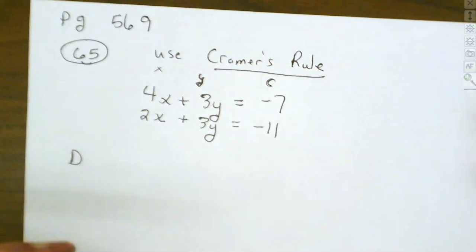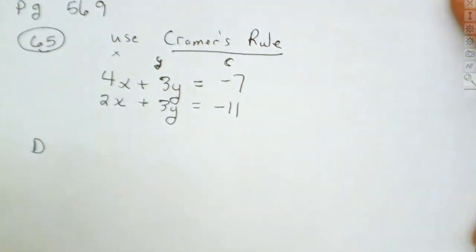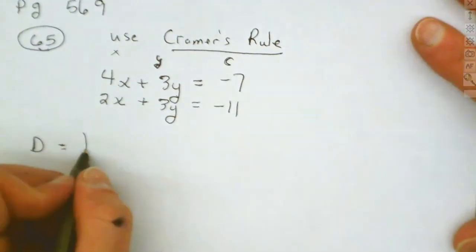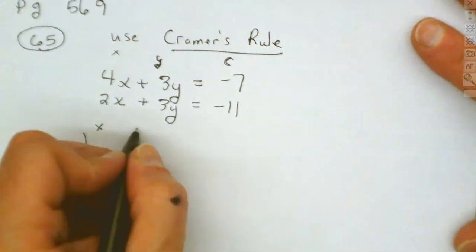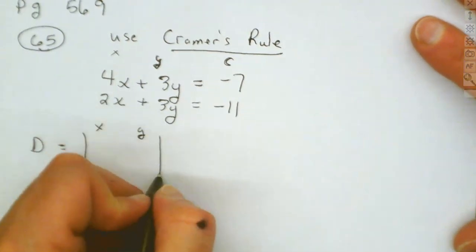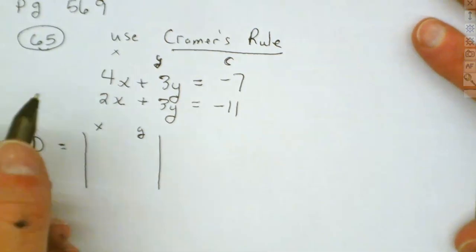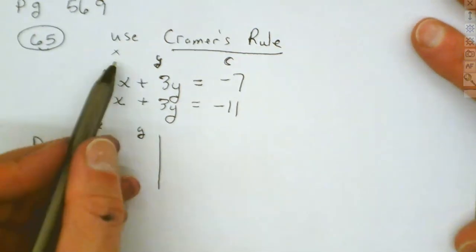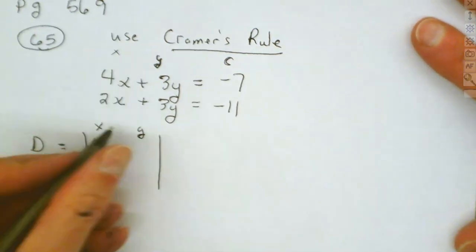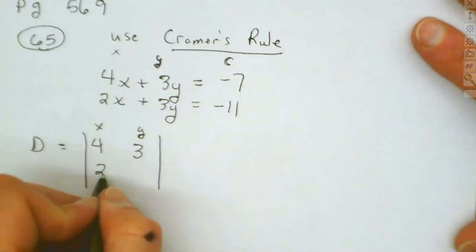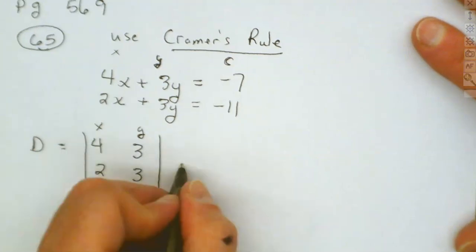So let's start off with our master determinant, D. D is your x and your y. And what numbers do we have for the x and the y? We have a 4, 3, 2, and 3.